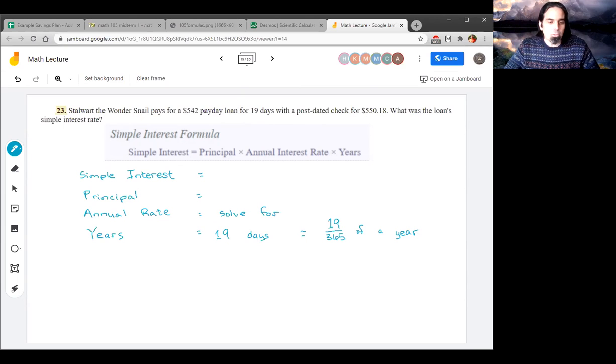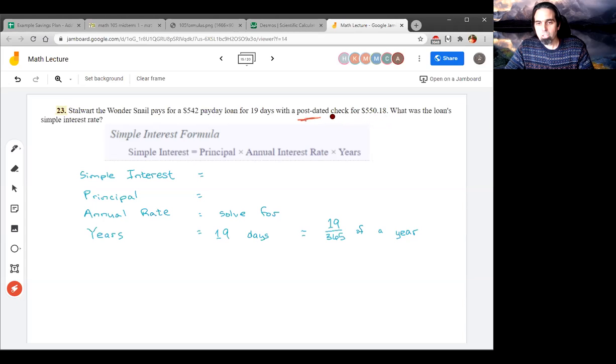So the story, if you don't know how payday loans work, is poor Stalwart is getting paid 19 days from now, but his water heater broke or something else happened, and he needs $542 today. So he goes into the store and says, I need a loan. And they say, okay, we will give you a loan for $542. Then he writes a post-dated check.